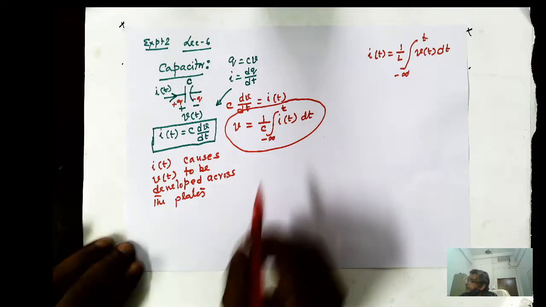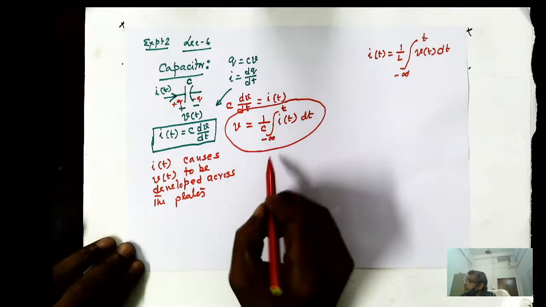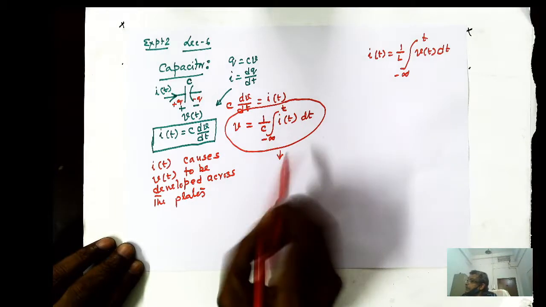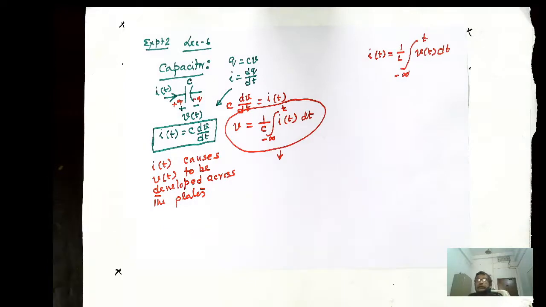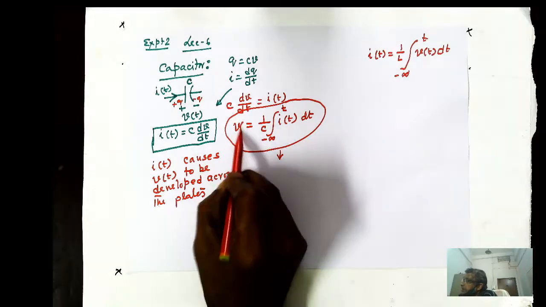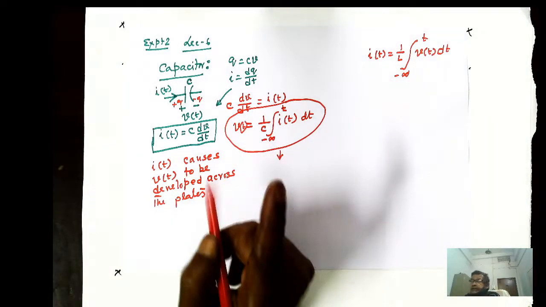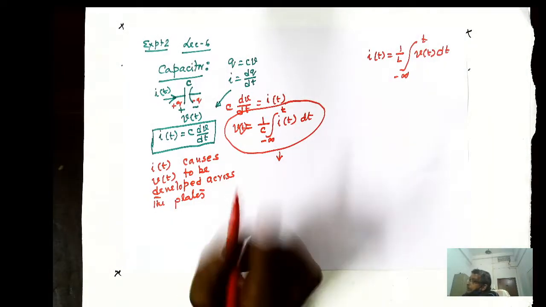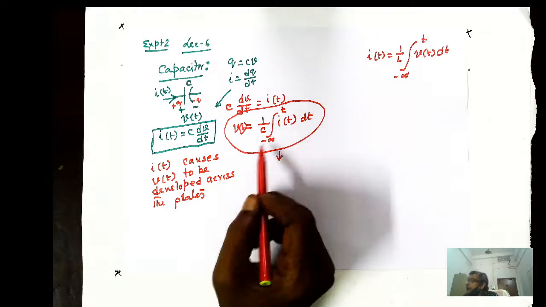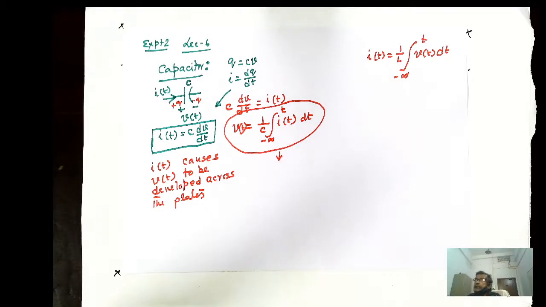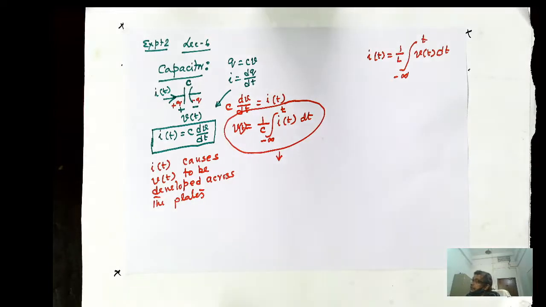Now this thing can be further expanded. Mind you, the limits of integration are minus infinity to t. So the voltage developed at time t across the plates of the capacitor depends not only upon the present current at time t, but also upon the previous current that the capacitor was injected with till time t.